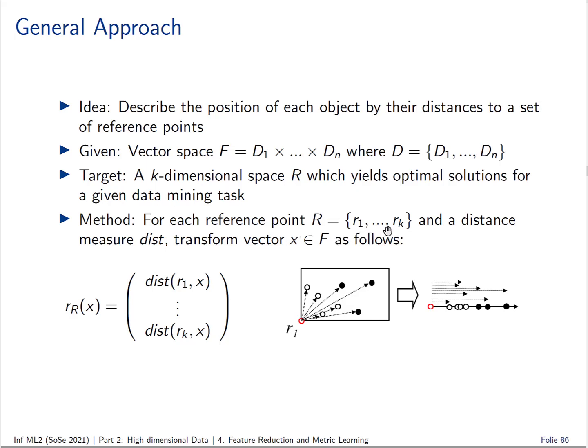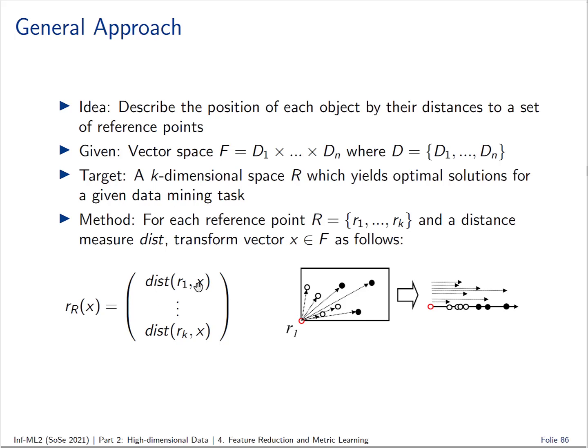So we work with k reference points and a distance measure, and we transform each original vector as follows. We just record the distances of this vector to all the reference points, as you see here. These distances are our new features. So we derive a new feature space, and the new features represent the distances of the particular point to the corresponding reference point, to the corresponding landmark.